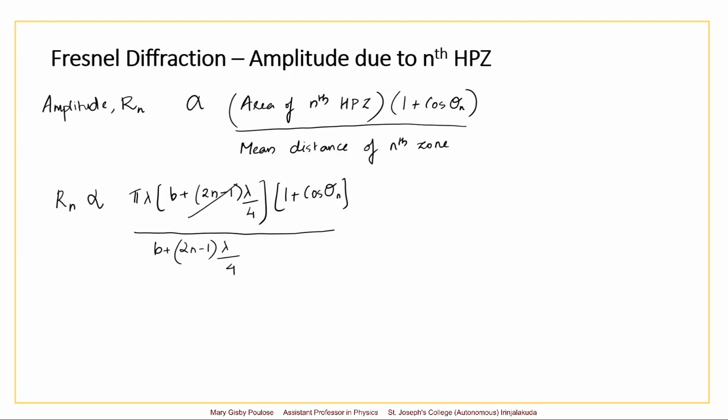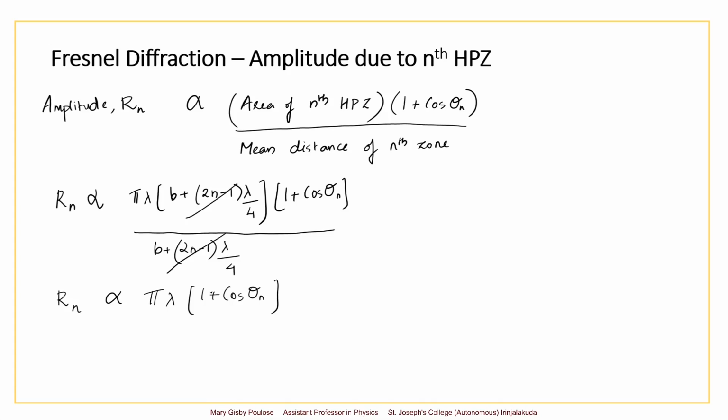The terms in the numerator and denominator cancel out. Hence the amplitude due to the nth half period zone Rn is proportional to pi lambda into 1 plus cos theta n.